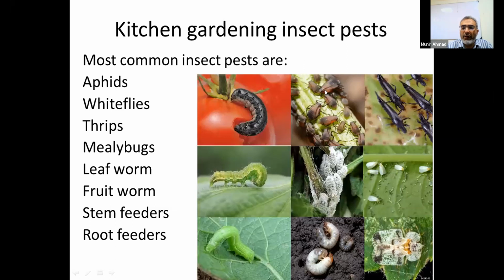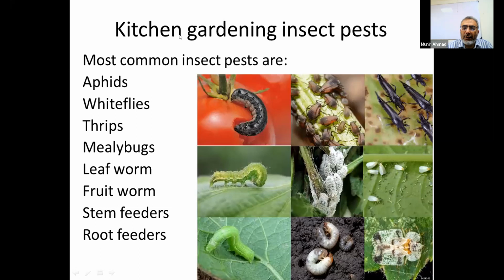And the aphids, thrips, Helicoverpa, or we call it the pod borer or the fruit borer, semi-loopers. The central picture shows the white ones. These are the mealybugs, and whiteflies are on the right side. In the lowest line, we have lace bugs, which are getting common, and the beetle, which is generally in the root zone.